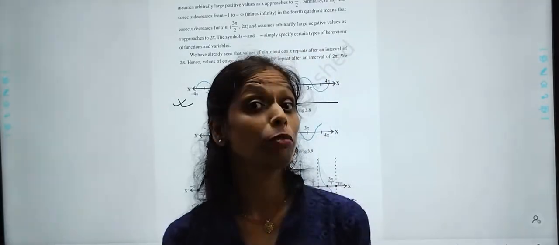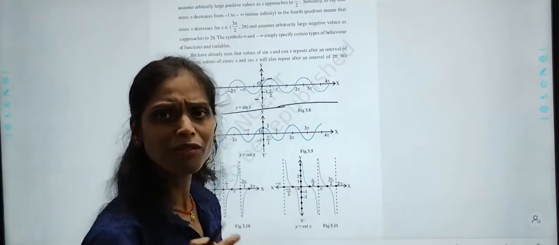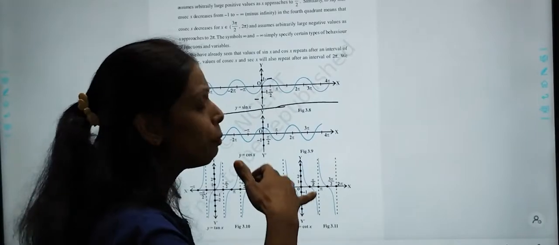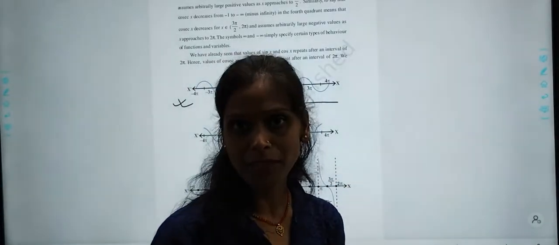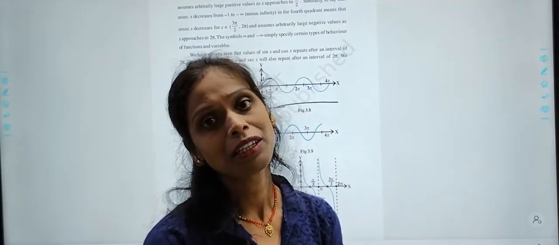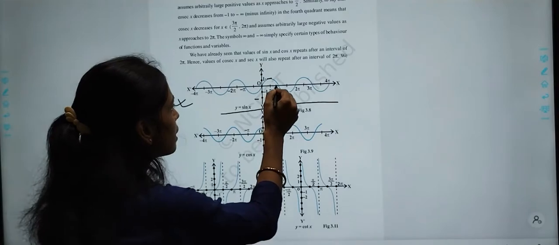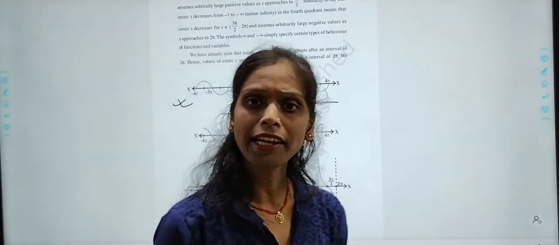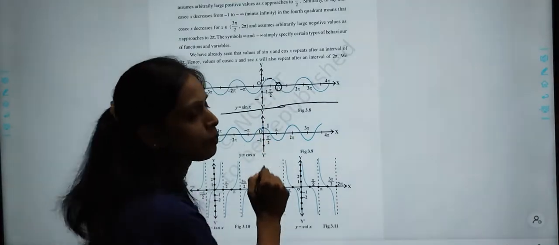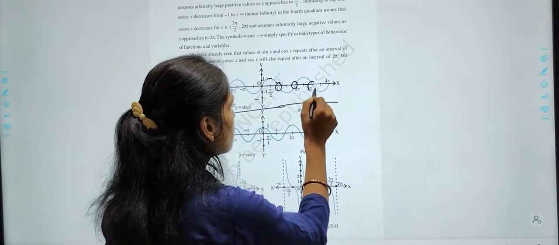And what is the permissible input? One thing is very important when you observe the sin theta graph: at every pi interval the value of sin theta repeats. Like you can see here, at pi the value is the same again, like here 2 pi, 3 pi.